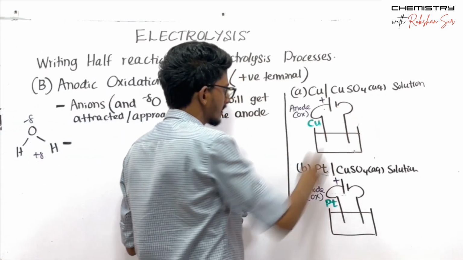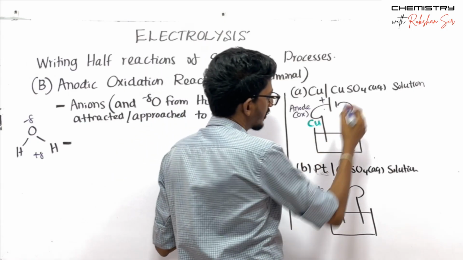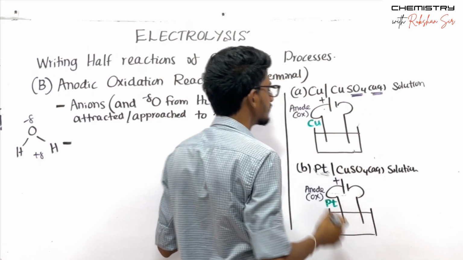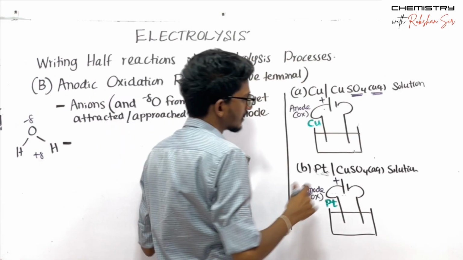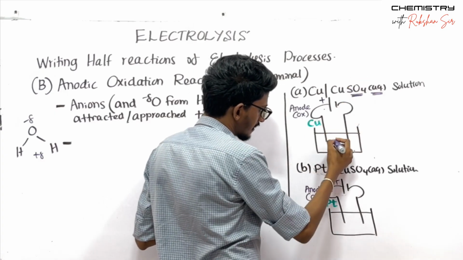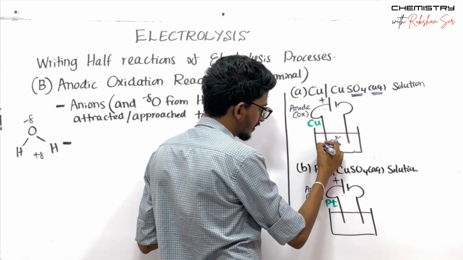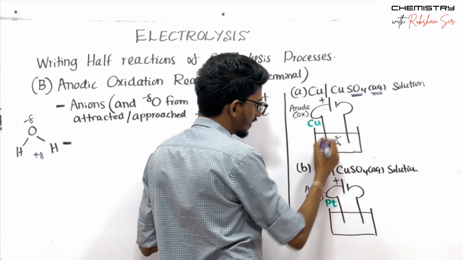So with this solution, you have the SO4 minus ions and water, which carry some negative poles. Sulfate ions approach the anode, as well as water from its negative terminal.